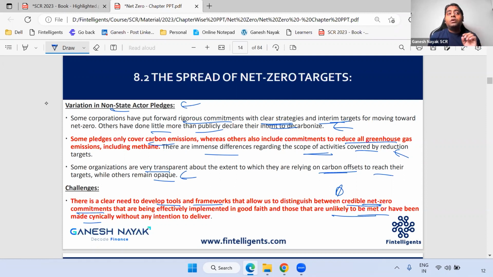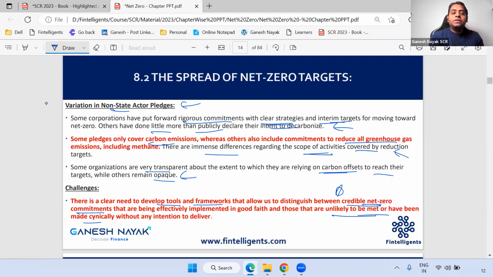Cynically means who are not taking any steps towards net zero, but are just making announcements. So basically, they want tools and frameworks to bifurcate between somebody who is genuinely moving towards net zero and someone who is not.